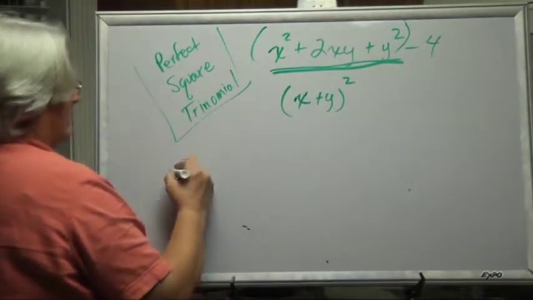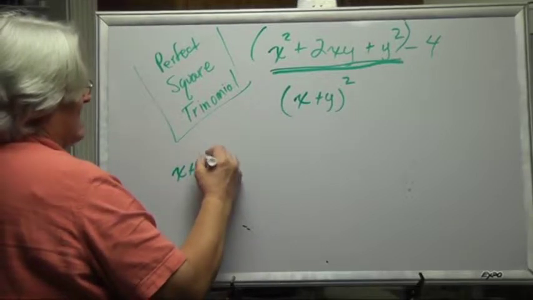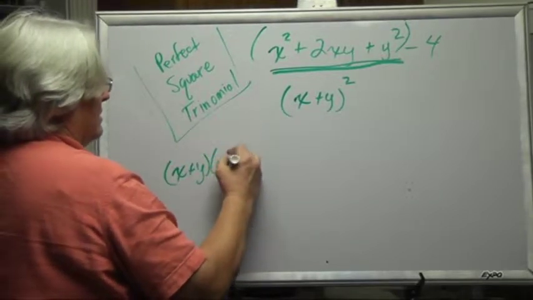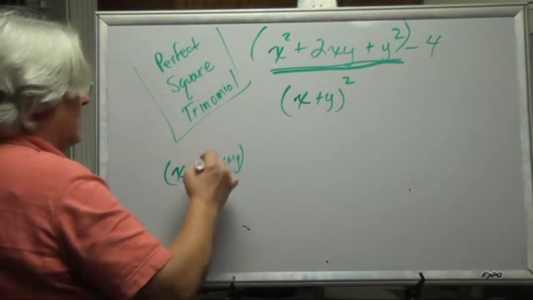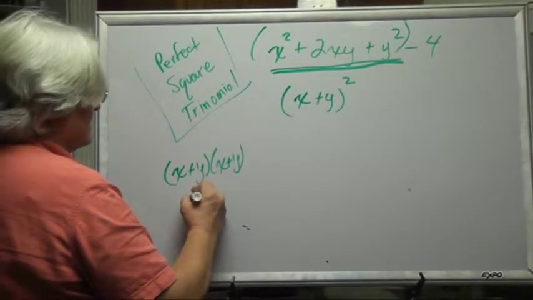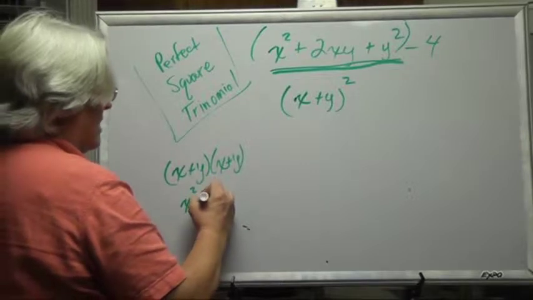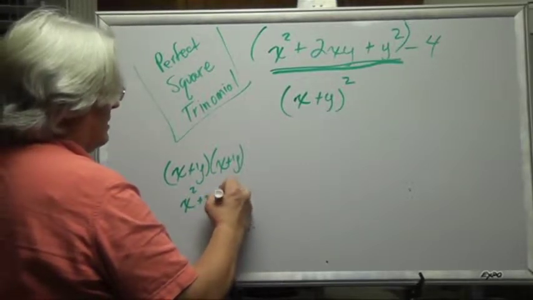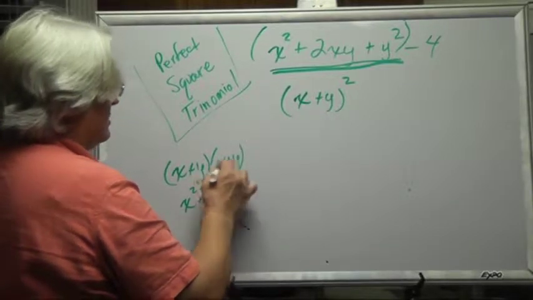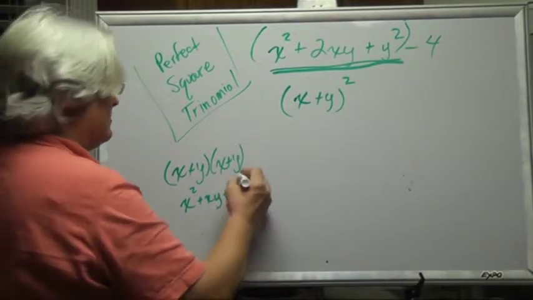And let me verify it for you, just in case you haven't quite caught up to that yet. Let's go ahead and use x plus y as a factor twice. When we FOIL, our first term is x times x, or x squared. Our outer partial product is x times y, plus the inner partial product, y times x.